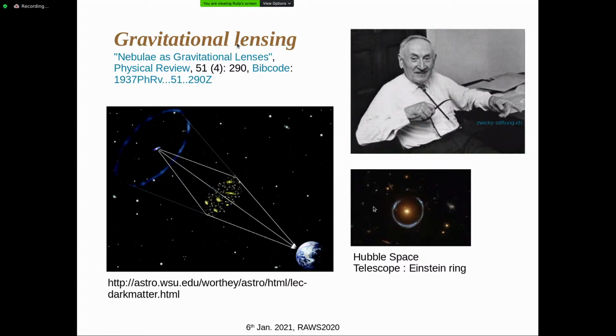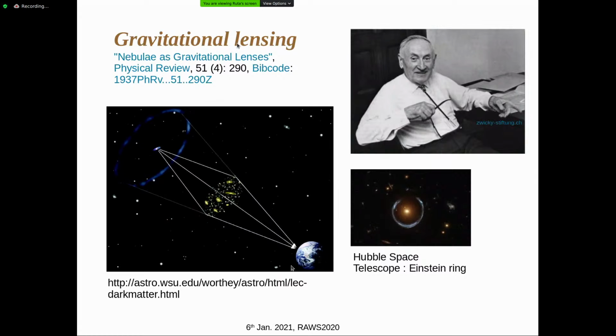Such a spectacular system, for example here shown by the Hubble Space Telescope, is shown here, where you almost see a full ring. Depending on the orientation of the background object and the intervening matter, you will see differences in the type of distorted images that you get of this background object.